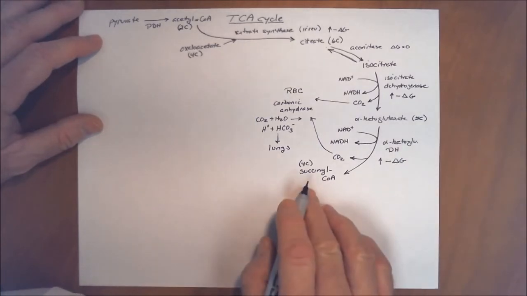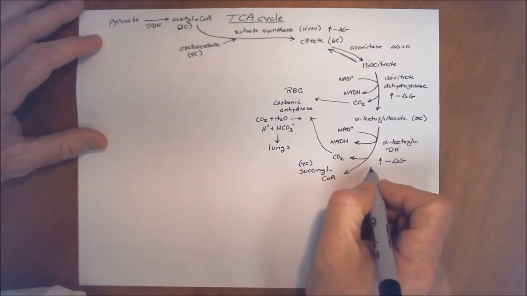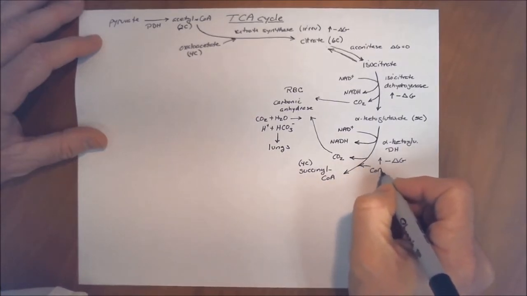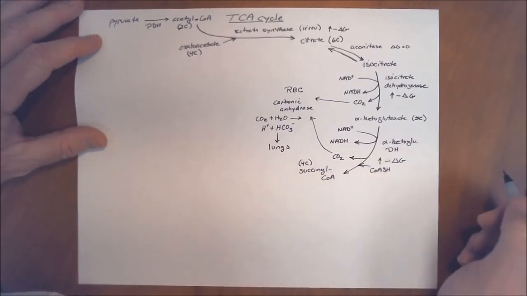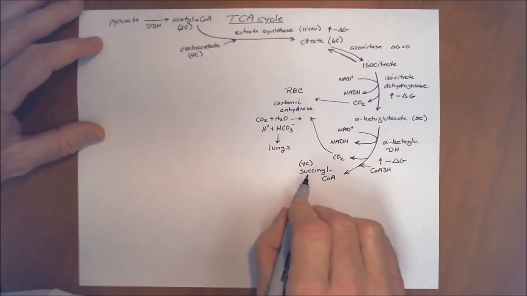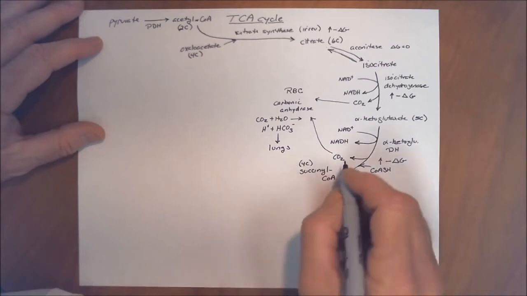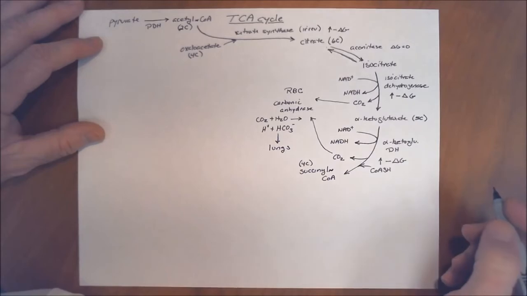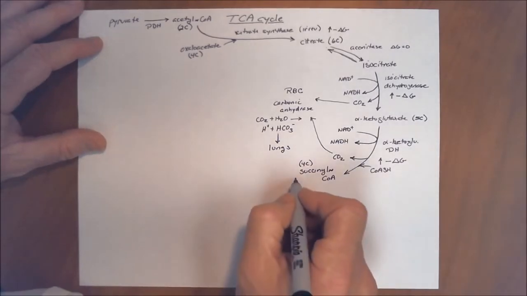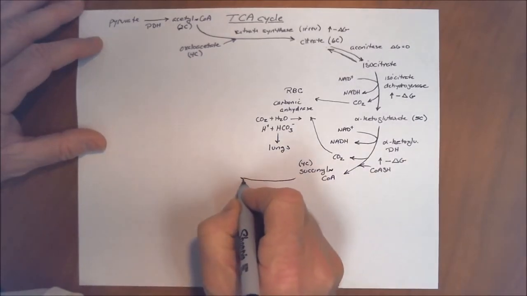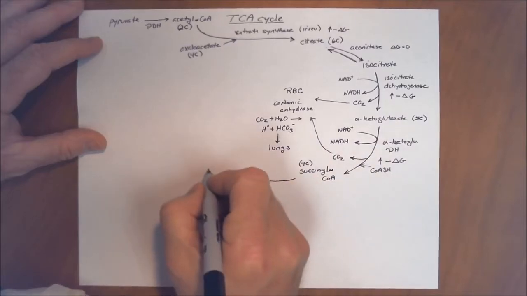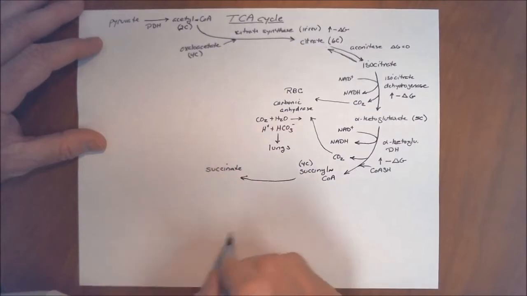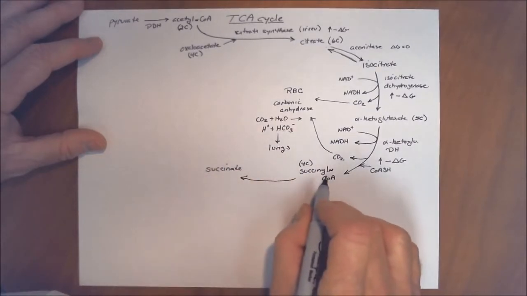Now the other step in this reaction here of the alpha-ketoglutarate is we are going to add a coenzyme A. This is going to essentially raise the energy level of succinyl-CoA to a higher energy state because this is a high energy bond. What that will allow us to do is in the next reaction harvest this energy as we generate succinate from succinyl-CoA.